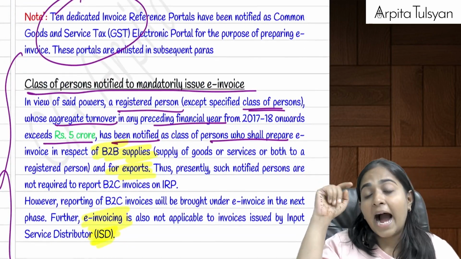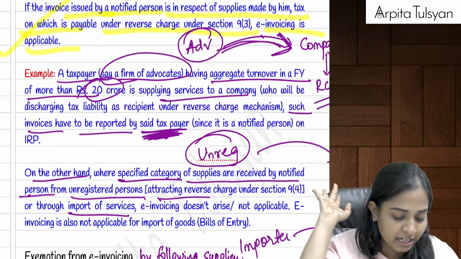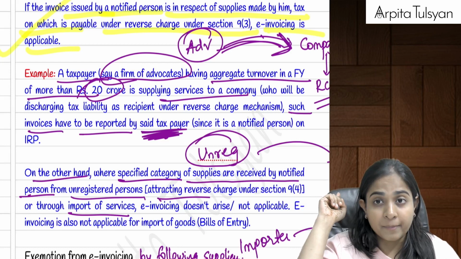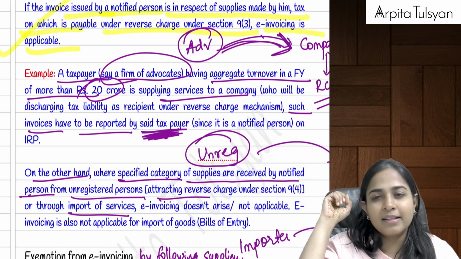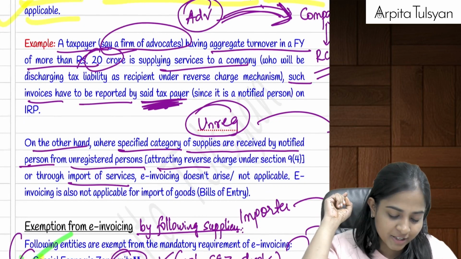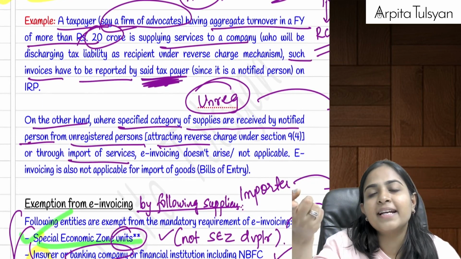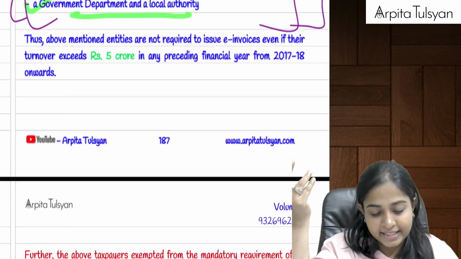But an ISD, if he is issuing invoices to his offices for distribution of credit, e-invoicing is not applicable. Similarly, an importer, let's say we are importing goods from another country, to him the e-invoicing provisions are not applicable. Similarly, an unregistered person making a supply, e-invoicing is not applicable because he is not registered.